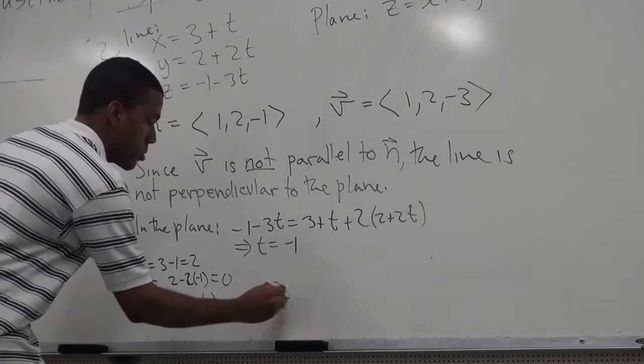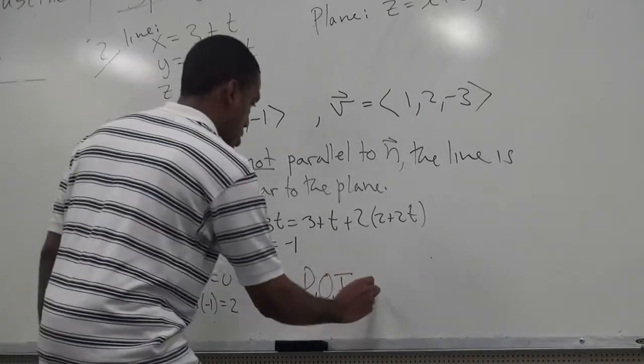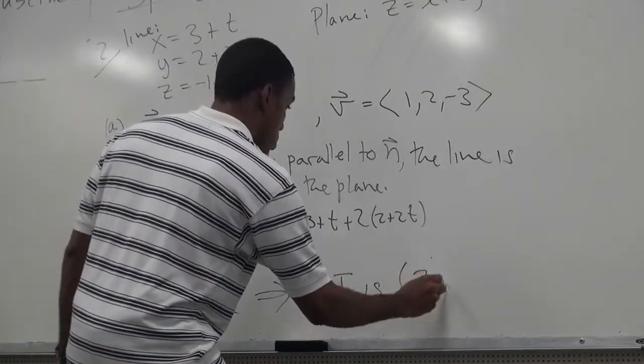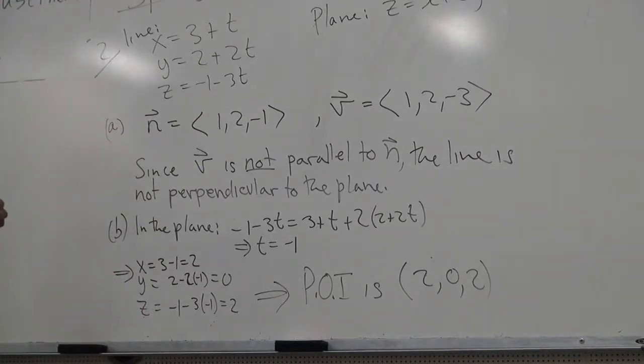And so the point of intersection is 2, 0, 2. Right? That's what you guys thought?